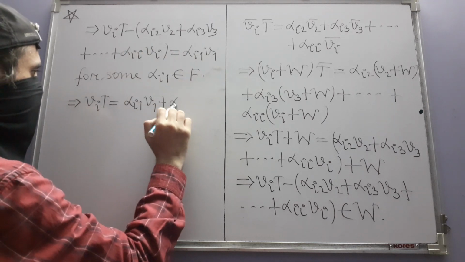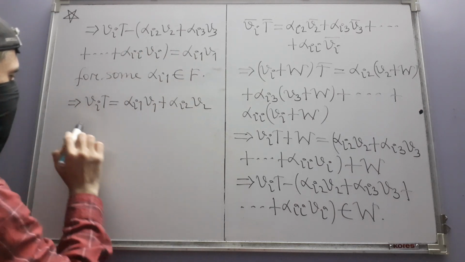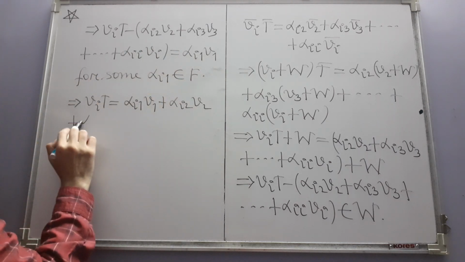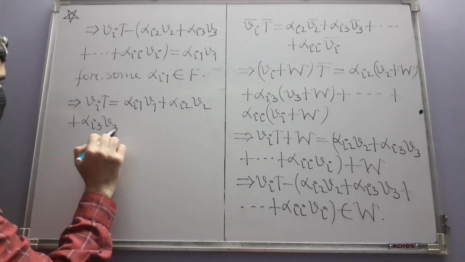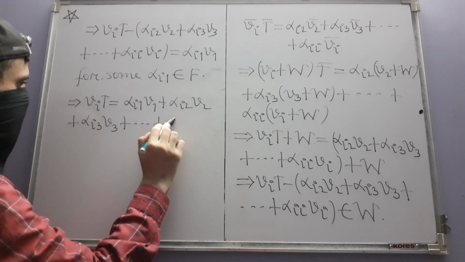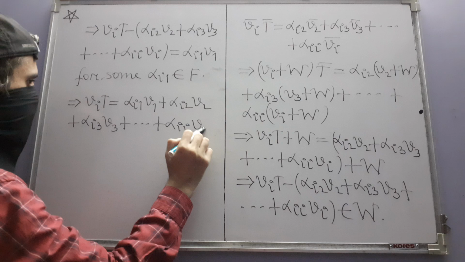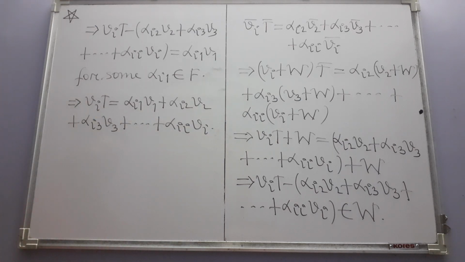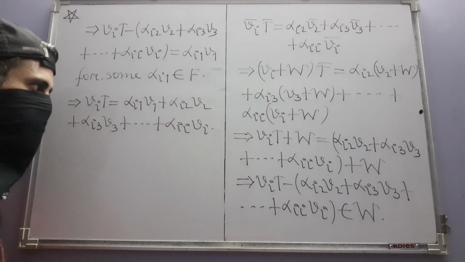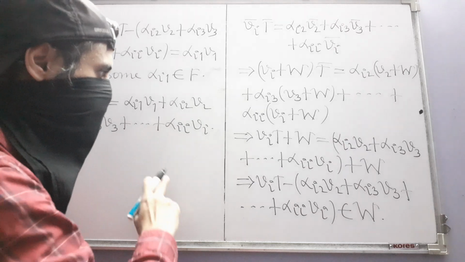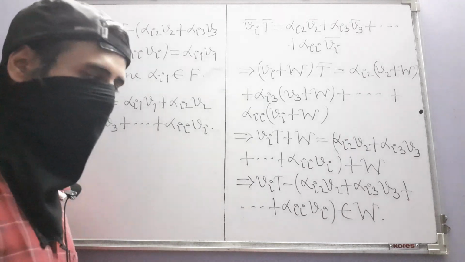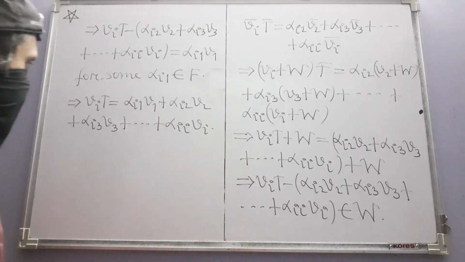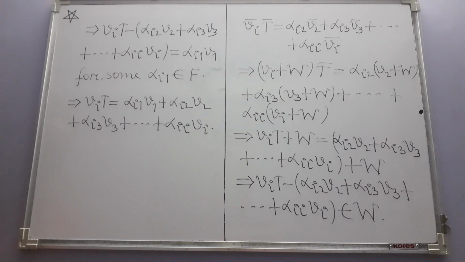Vit is alpha I1 V1 plus alpha I2 V2. Let me write one more since it was there, plus alpha II Vi. So we seem to have got what we wanted for V2, V3 all the way up to Vn in this form.